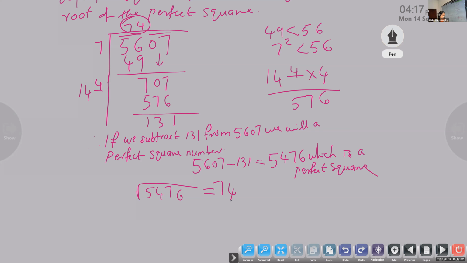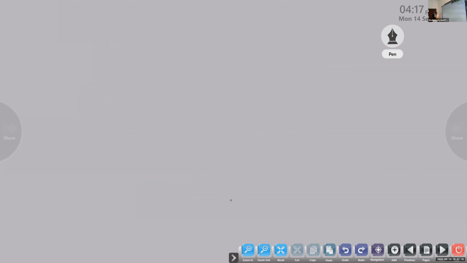Same type question. Find the least number which must be subtracted from 1989 to get a perfect square number.